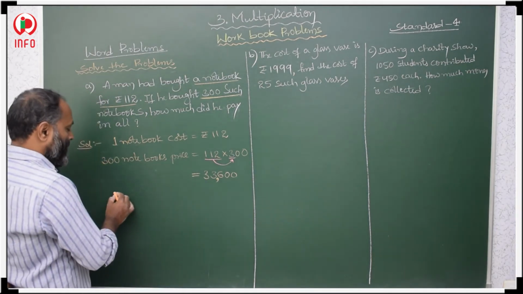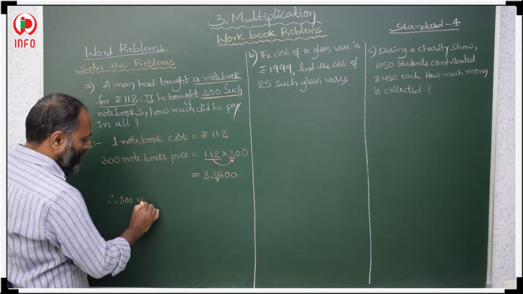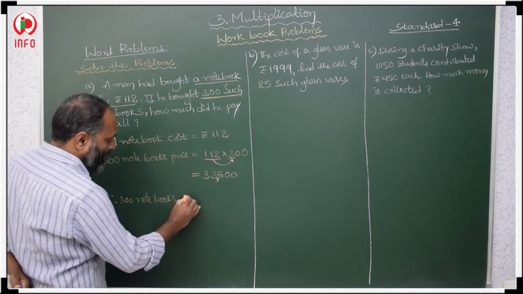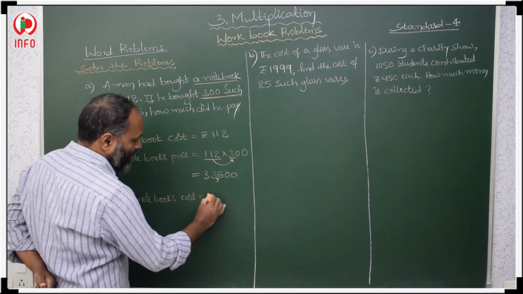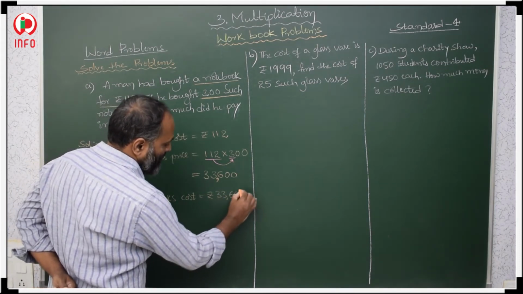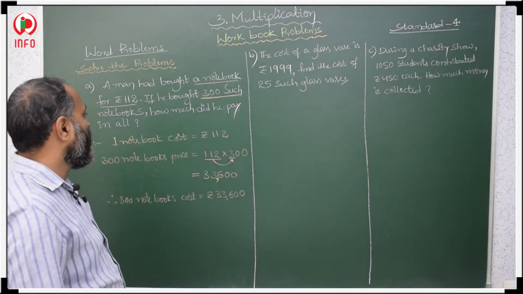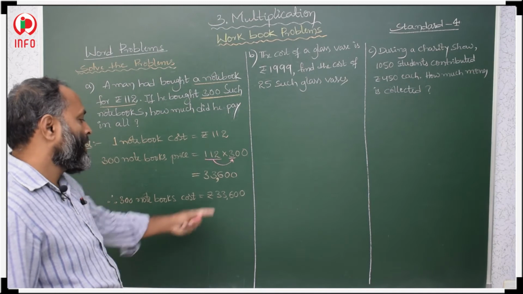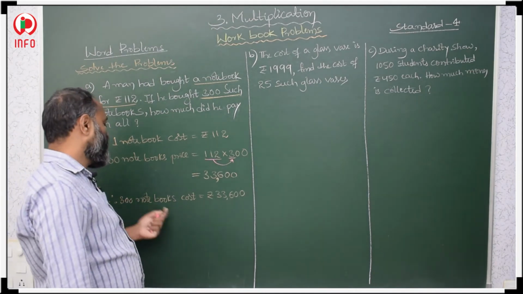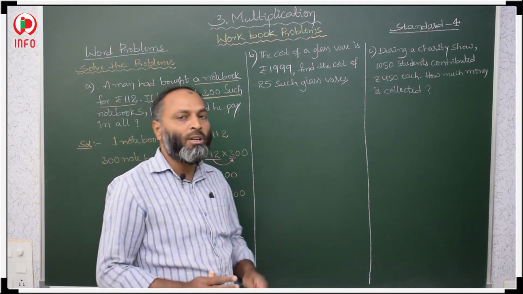Then, 300 notebooks cost or price rupees 33,600. So this much amount he has to pay. How much? 33,600 he has to pay. Okay. Because 300 notebooks cost 33,600, that much amount he has to pay.